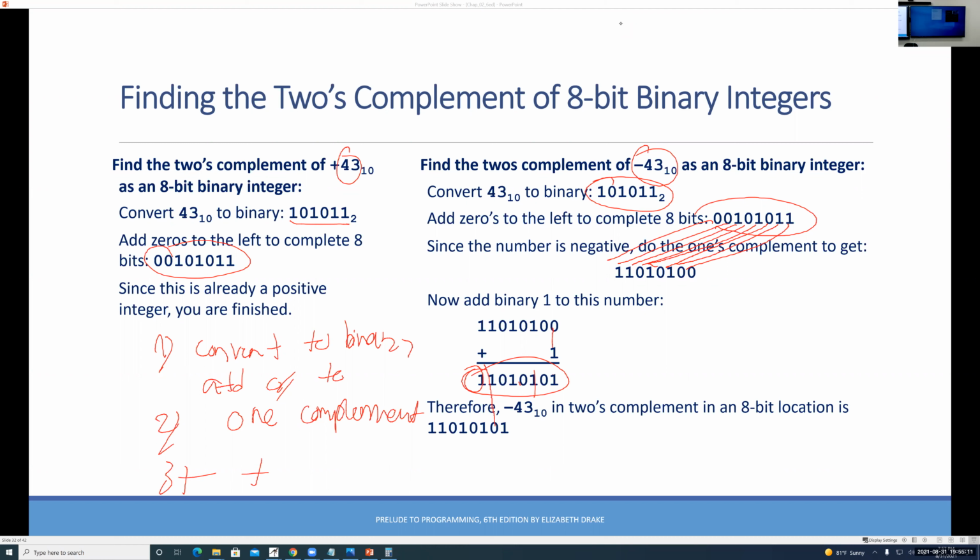That's why you have 0, 0, 1, 0, 1, 0, 1 here. This one is 1's complement. You have to flip everything. That's why you have 0, 1, 0, 1, 0, and 1 here. And when you convert this one, you have the 43 here. So this one is a negative 43. That's all. That is working with the 2's complement.